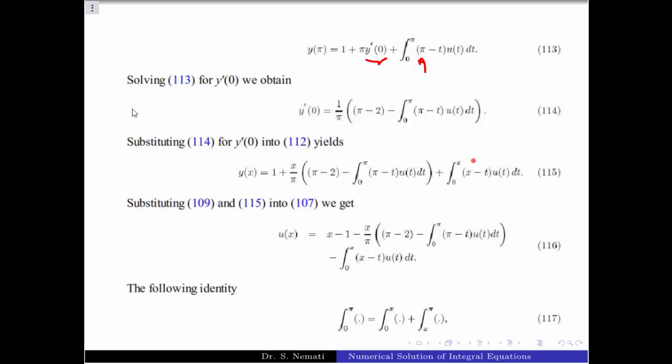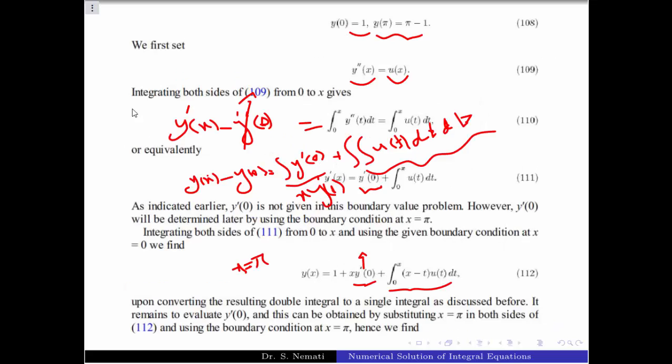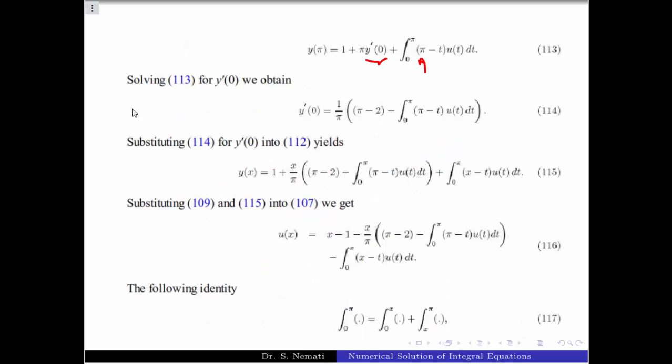Now, we substitute equation number 109 and 115 in our main problem.